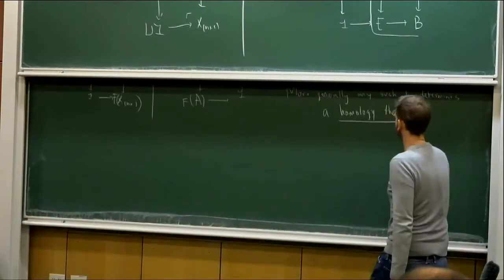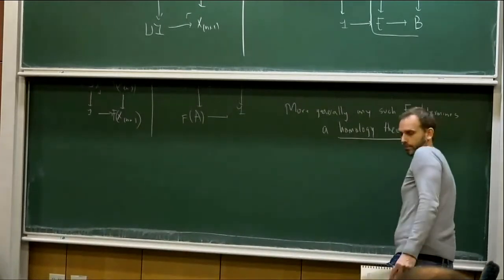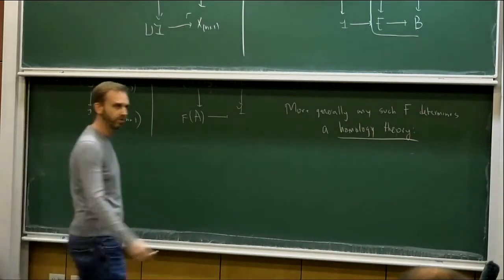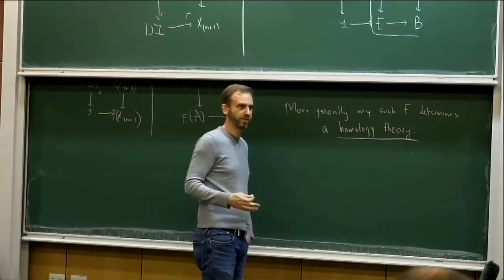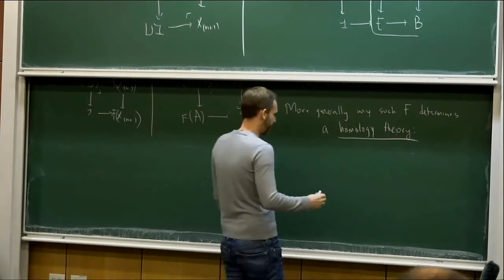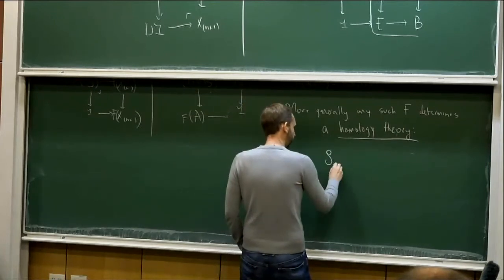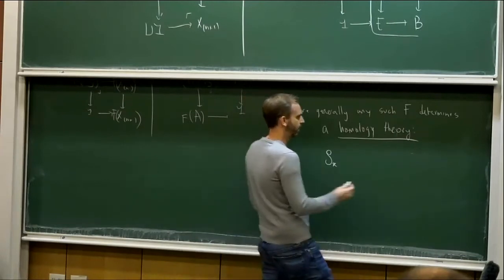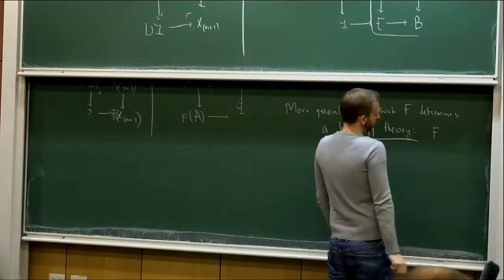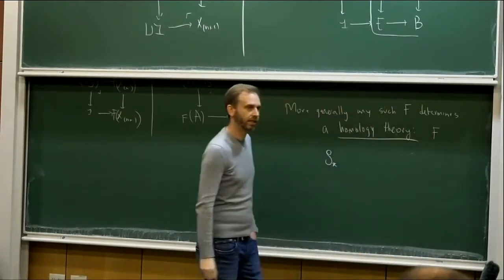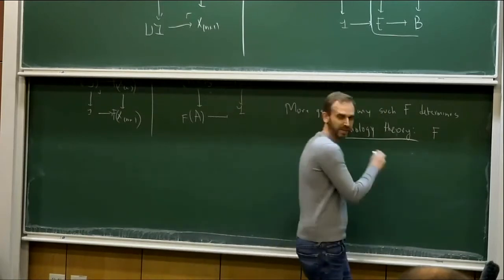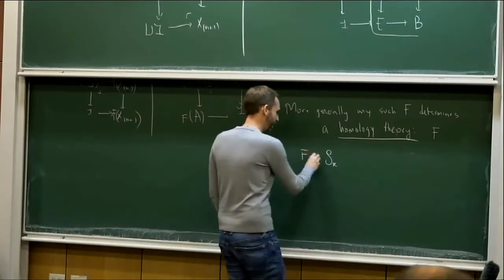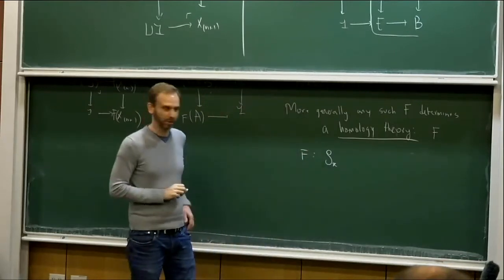How do we do this? So what's a homology theory supposed to be? Luckily, Peter sort of gave us a definition. So a homology theory is supposed to be some kind of functor. So let me call it F. I'm going to abuse notation and call it F, and I'm going to explain why in just a second.